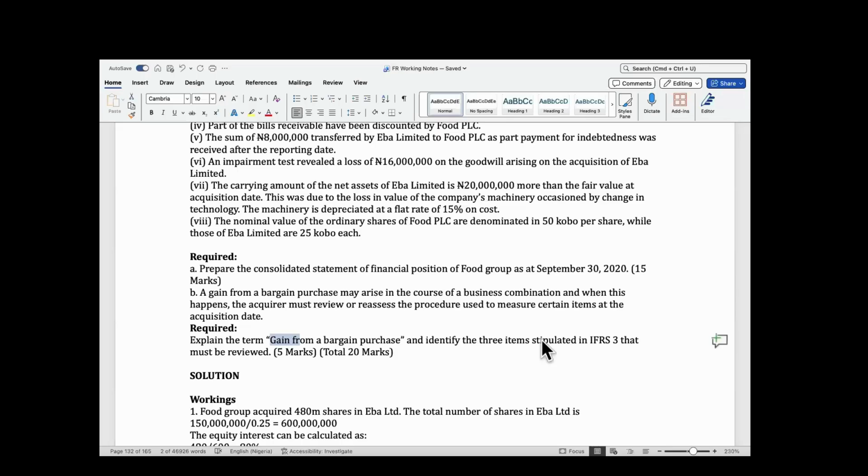Have you properly valued the assets and liabilities of the subsidiary? You need to reassess that as well. In fact, you need to even reassess whether you have determined all the reserves at the date of acquisition properly. All the components involved in determining this amount need to be reassessed.